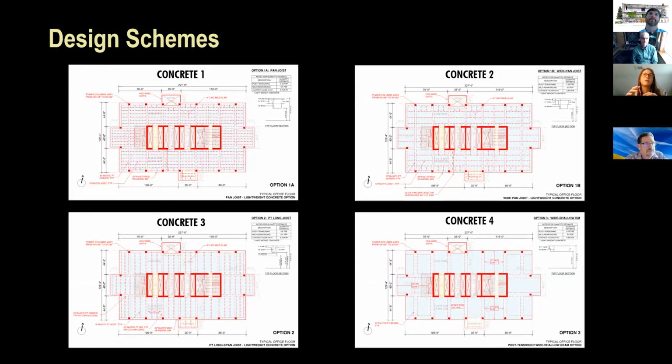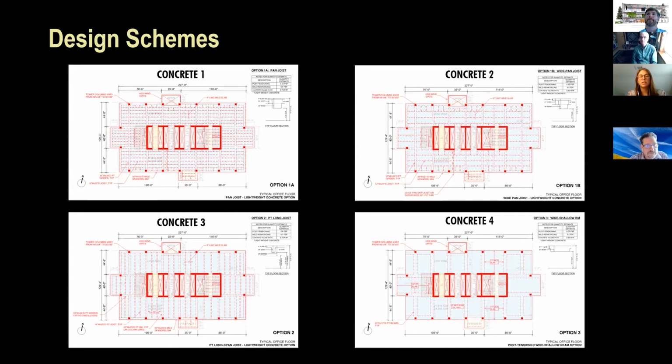Another thing that we are encouraging designers to look at is multiple design schemes. For example, this is a study that we did recently where we were looking at a typical floor plate for a high-rise tower. And we wanted to look at which concrete strategy would be the most efficient.